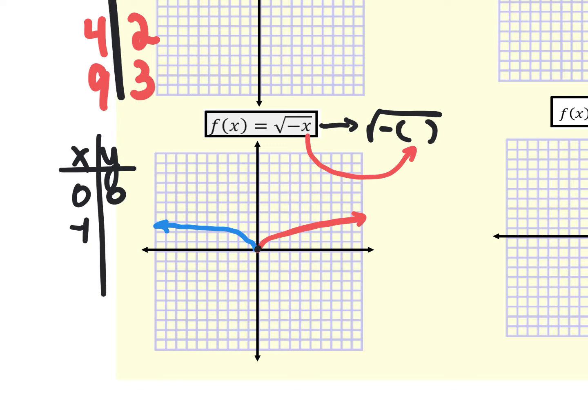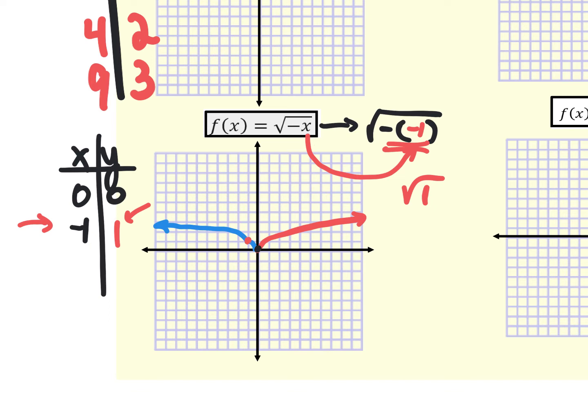As long as I put in a negative number, like negative 1 here, then I got the square root of negative negative 1. The two negatives cancel. Square root of 1, which is 1. So negative 1 comma 1 is a point. Negative 1 comma 1, look at that, it's right there.